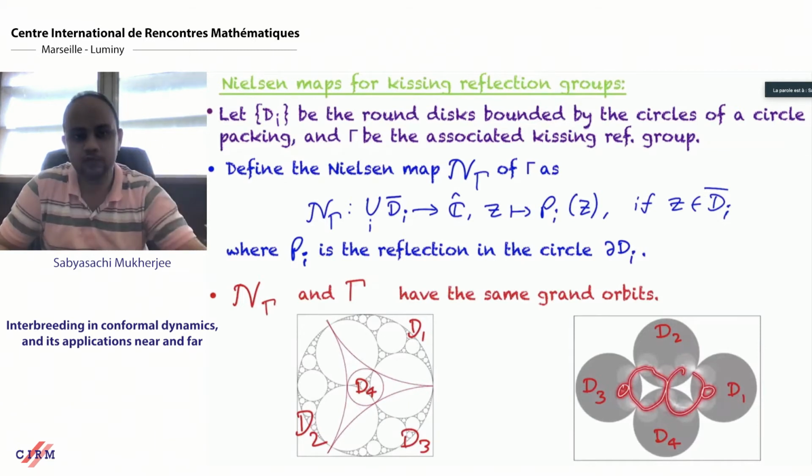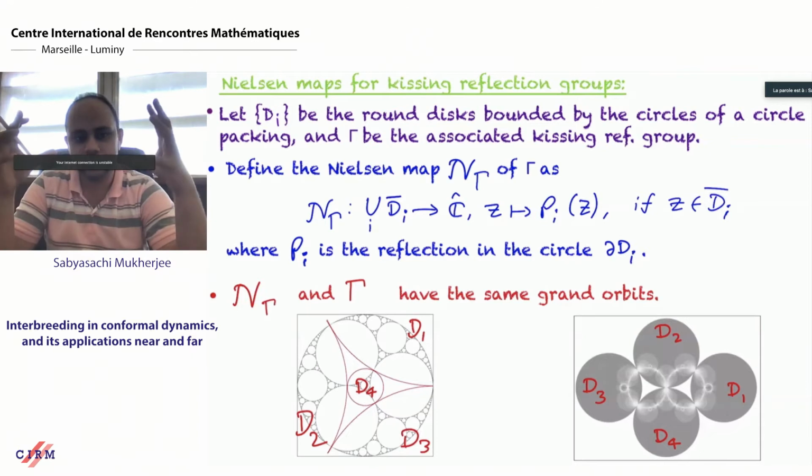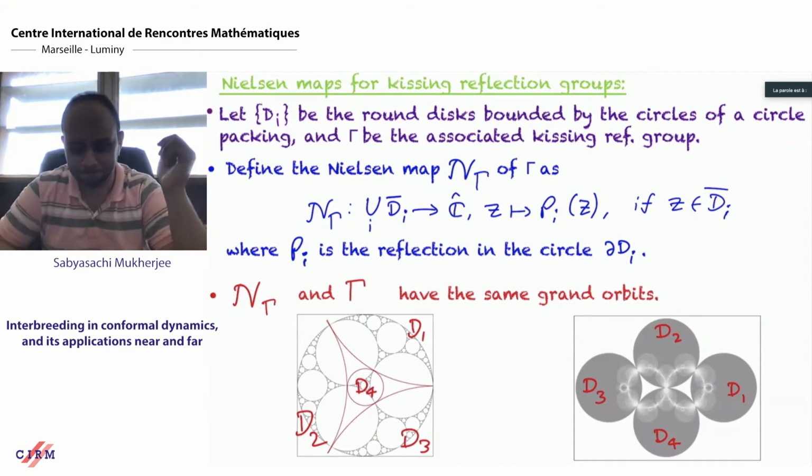This is what you can morally think of as the basin of infinity. Then you have the limit set, and you look at the restriction of the Nielsen map on this filled limit set. This is going to play the role of a filled Julia set. So instead of gluing two filled Julia sets, you glue the filled Julia set of a polynomial with the filled Julia set of a group on the closure of the Baire slice.